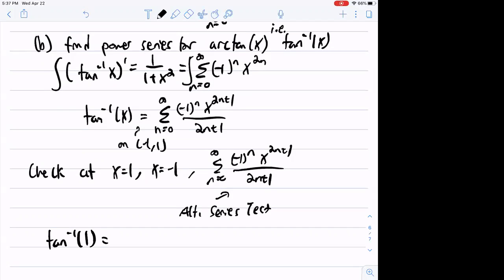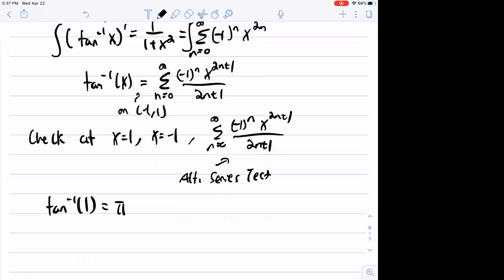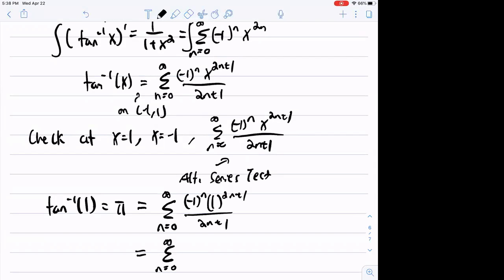Tan of pi over 4 gives 1, so tan inverse of 1 is pi over 4. But tan inverse of 1 is also what I get when I plug 1 into the series: 1 to the 2n plus 1 over 2n plus 1. So you actually have a nice formula for pi. Pi is just this infinite series.